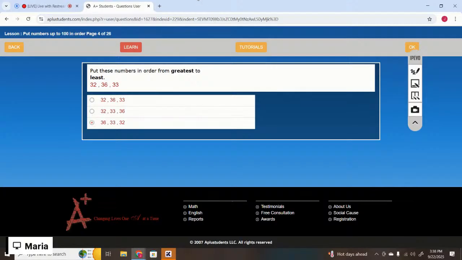That is 36, 33, and 32. Option number 3 is the correct option.